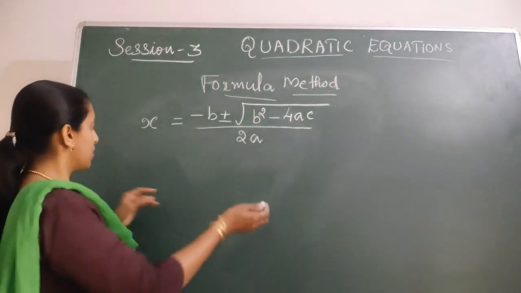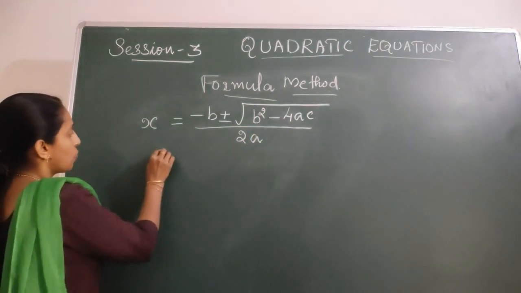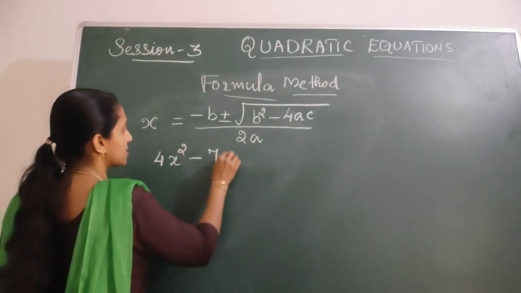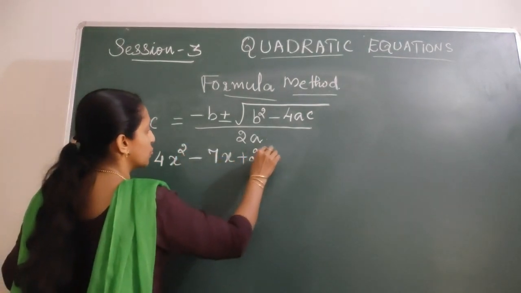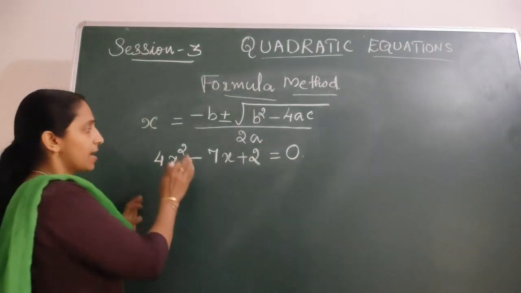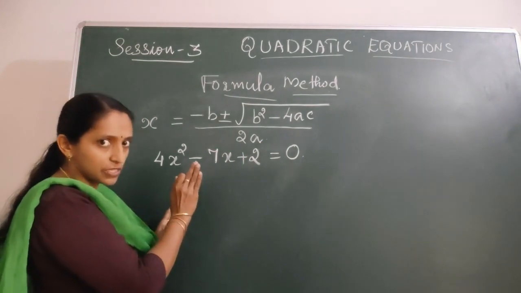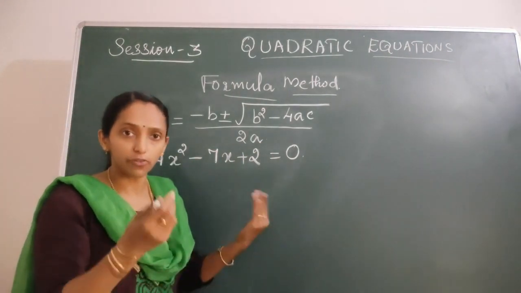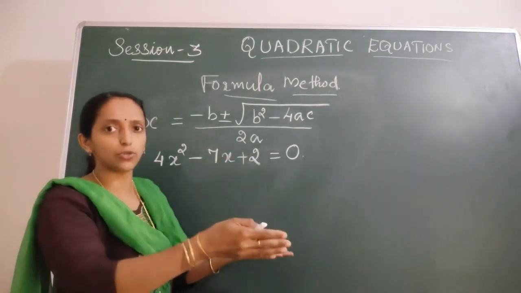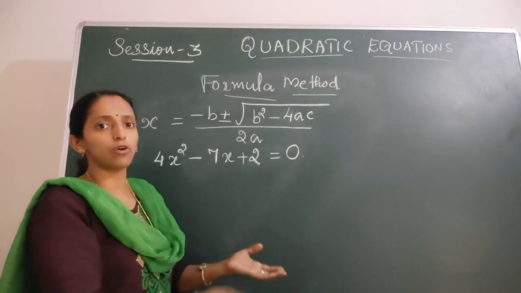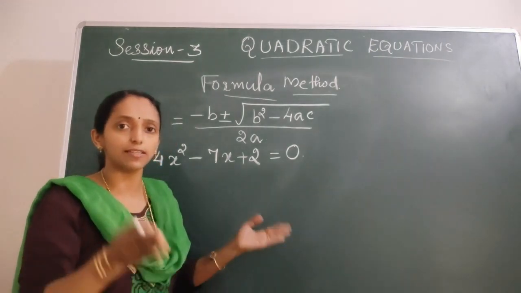For example, if you are taking a question, 4x square minus 7x plus 2 equal to 0. This is a quadratic equation, and this equation is already in the standard form. If it is not in the standard form, as I have told you in the previous class, first of all we have to make it into the standard form.